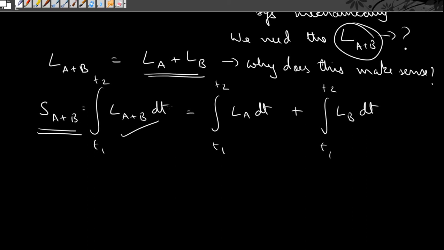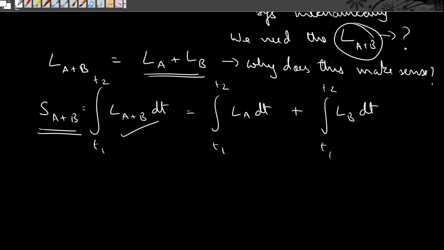And the only logical way to get this would be to simply add the two Lagrangians, as the Lagrangians for each of the particles will be defined by quantities which are independent of the other particle.